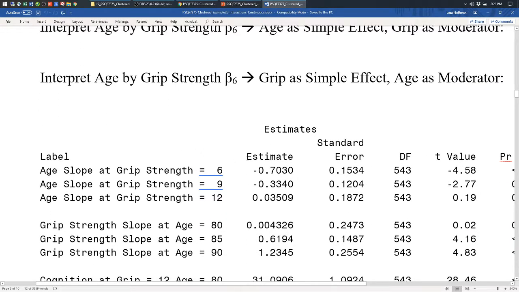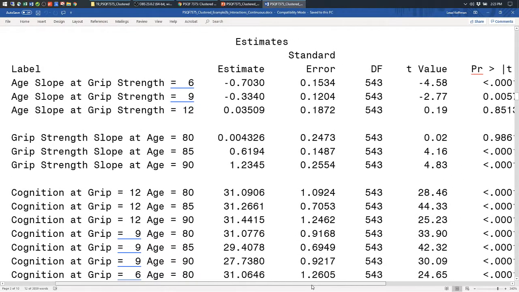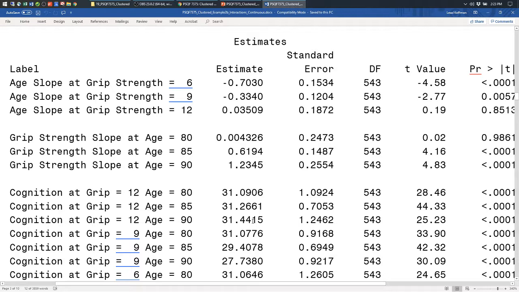So then we get the estimates down here that I asked for. These are known as simple slopes. So the first three show grip strength as the moderator of the age slope. The middle one is the one that we get directly from the model. It's the age slope when grip is 9.